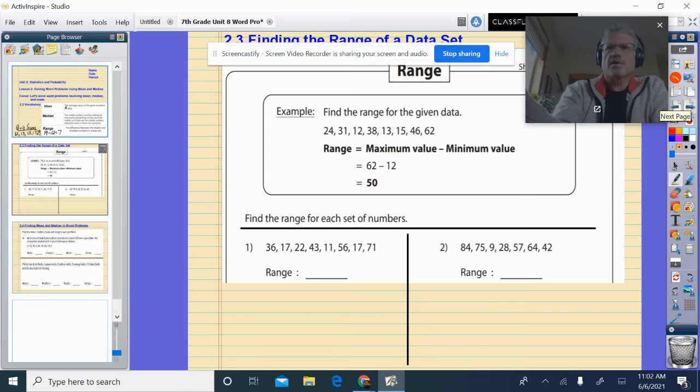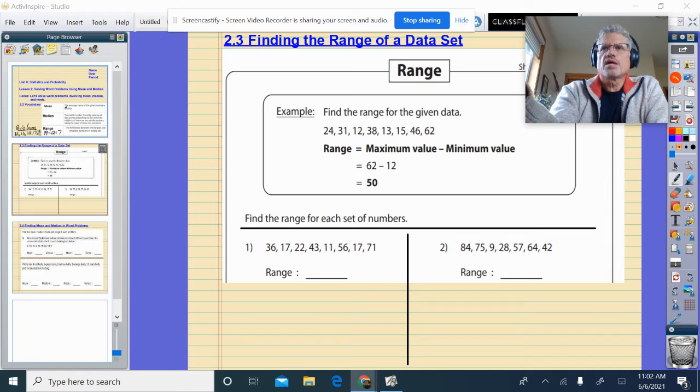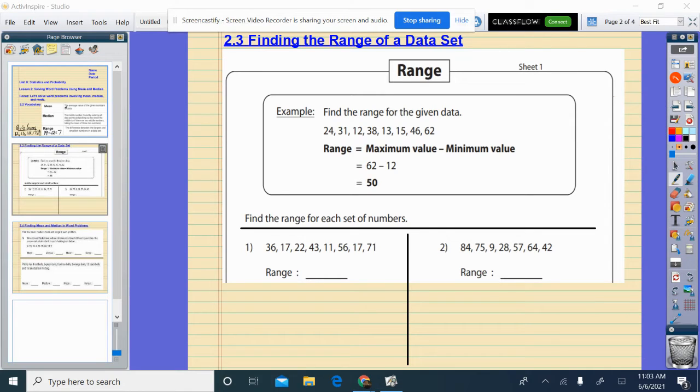Okay, so let's talk about that a little bit more in depth now. Here's a definition of range again. Here's an example. Find the range for the given data: 24, 31, 12, 38, 13, 15, 46, and 62.